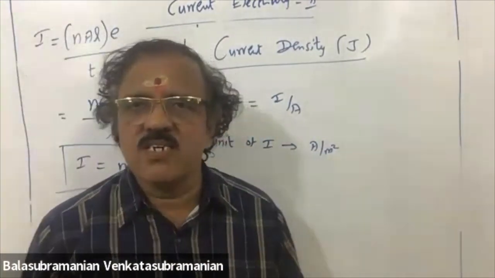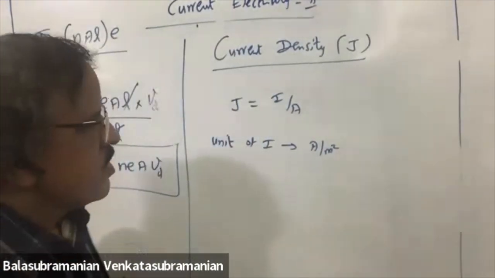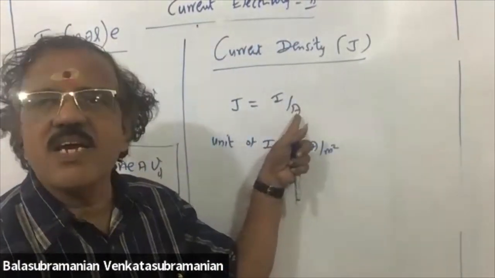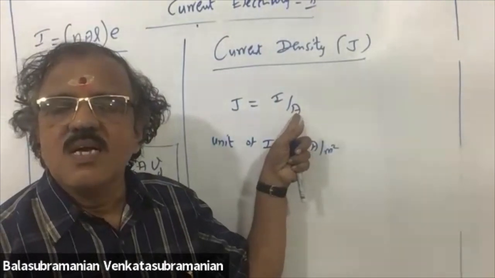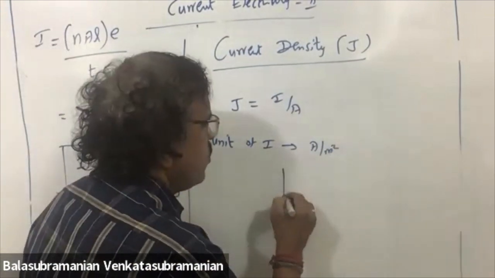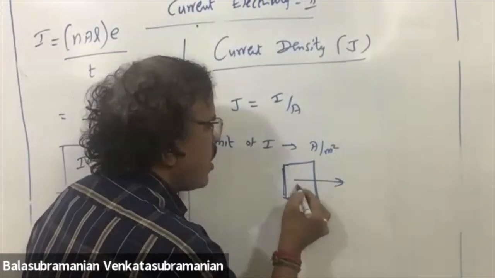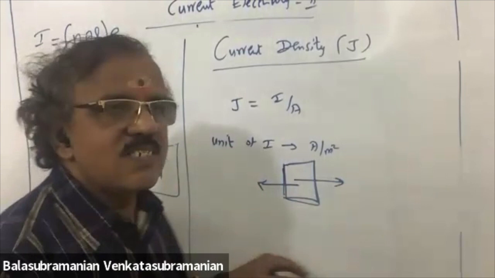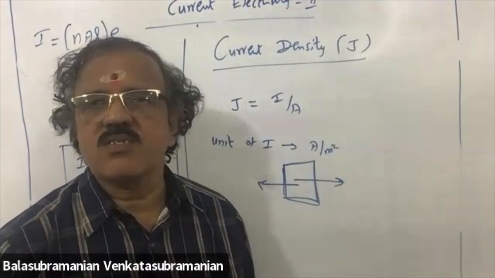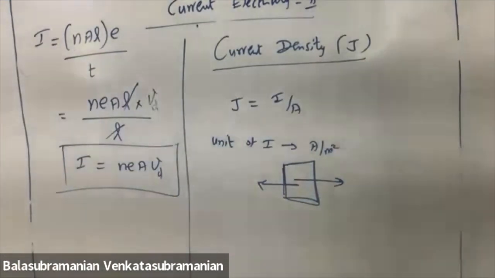Current density is a vector, while current is a scalar. Why is current density a vector? Current by area. Suppose you have a sheet. The normal of the area could be this side or that side. Which side you are indicating? Normal means perpendicular. So that we call current density. Simple.